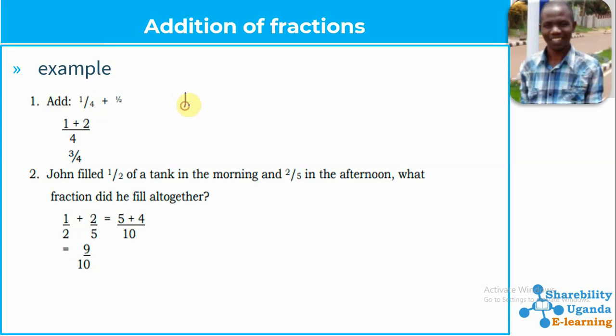Like here we have the fraction 1 out of 4, plus 1 out of 2. They just want you to add. So when it comes to addition, what do we do to add these numbers?